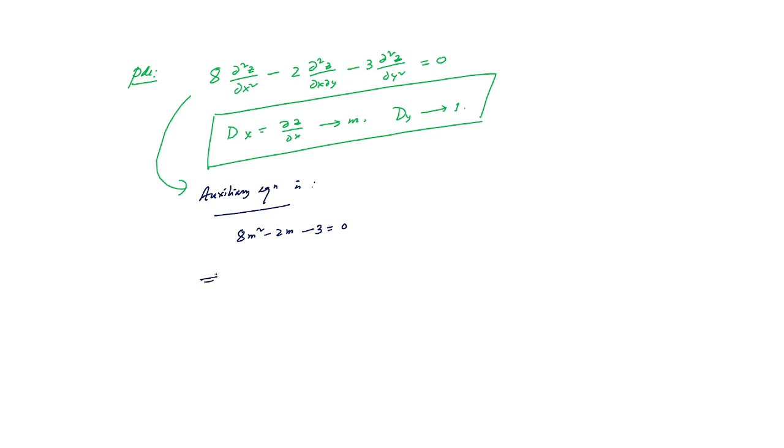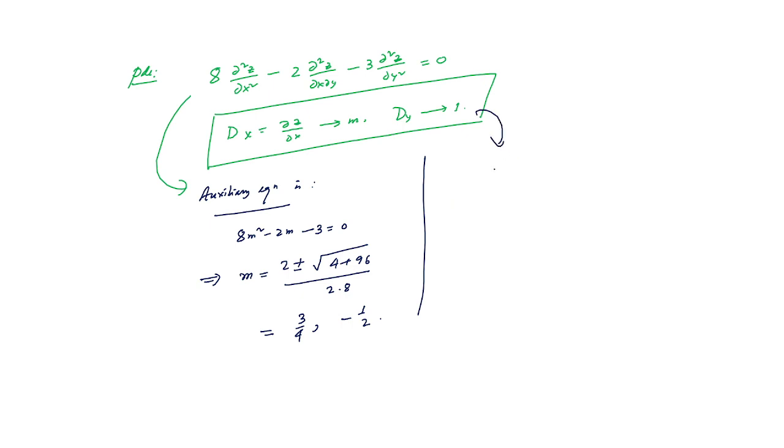If you solve this, just apply the quadratic formula. That will be 2 plus minus the square root of 4 plus 96, divided by 2a, so 2 into 8. So one root will be 3 by 4, another root will be minus half.